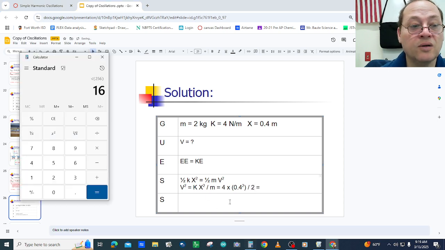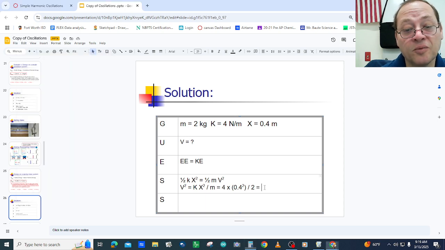So let's do that. Let's do the square first, then multiply by 4 and divide by 2. You get 0.32 meters squared per second squared. All right.